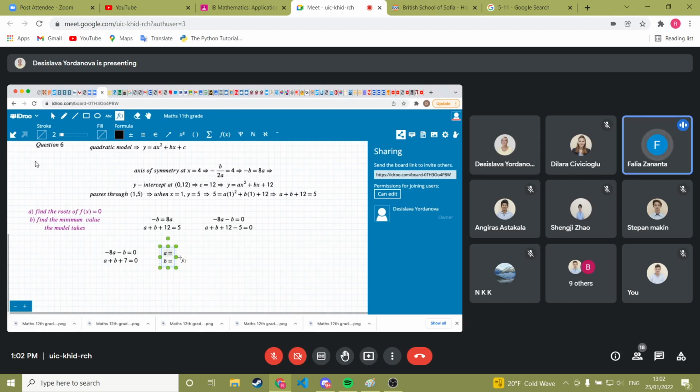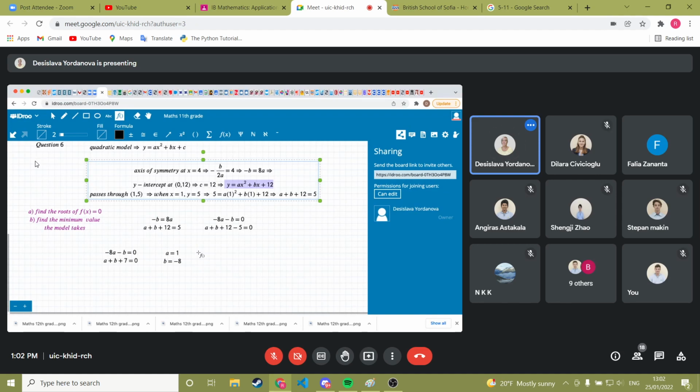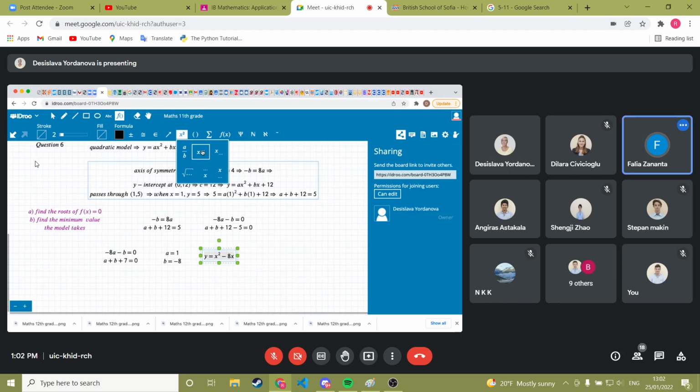Miss, is it 1 and minus 8? Exactly. 1 and minus 8. Which will mean that the equation of this quadratic model is what? Now what is the final equation of the quadratic model? So y equals 1x squared, which is just x squared, minus 8x plus 12.